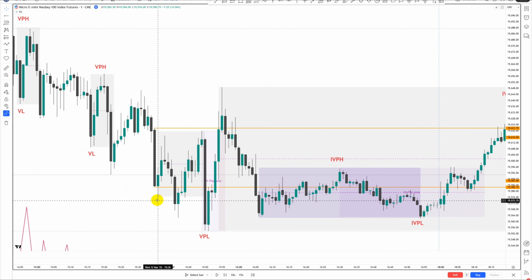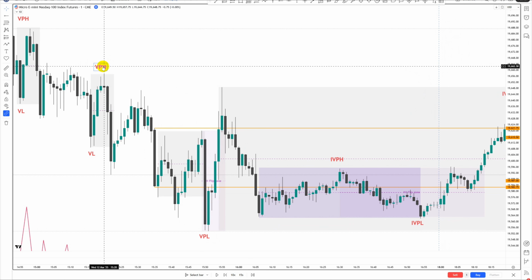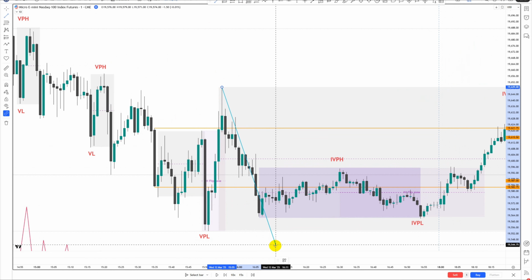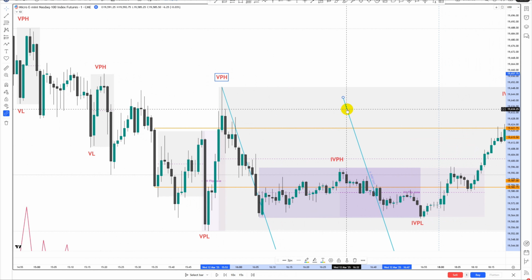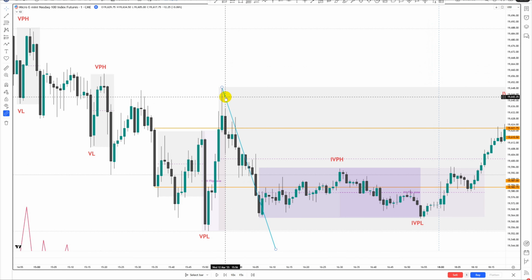So that's why we cannot consider this a valid protected high, because it is not breaking down. I mean, if it was broken like this and closed underneath, we could consider this a valid pullback, but it didn't happen, right? So we cannot consider this a valid protected high.